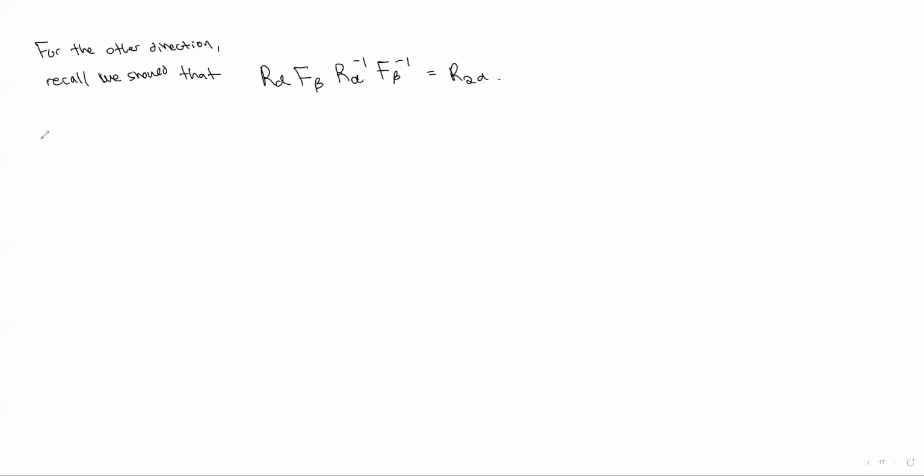So any rotation R theta can be written as R2 alpha, namely, just take alpha to be theta over 2.